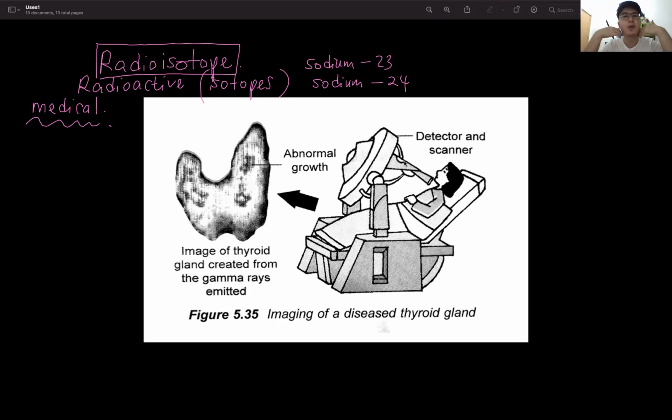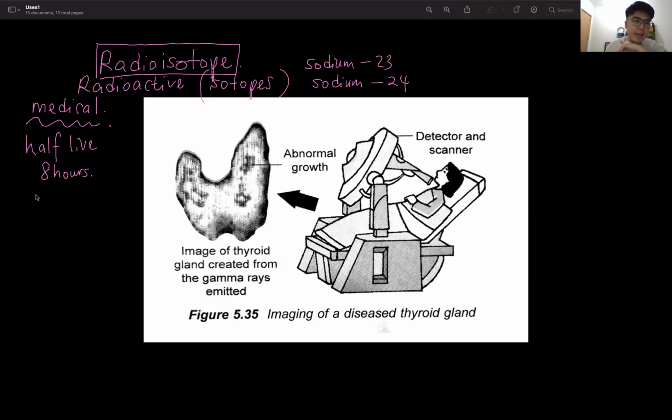That substance is radioactive, but its half-life is only about 8 hours.